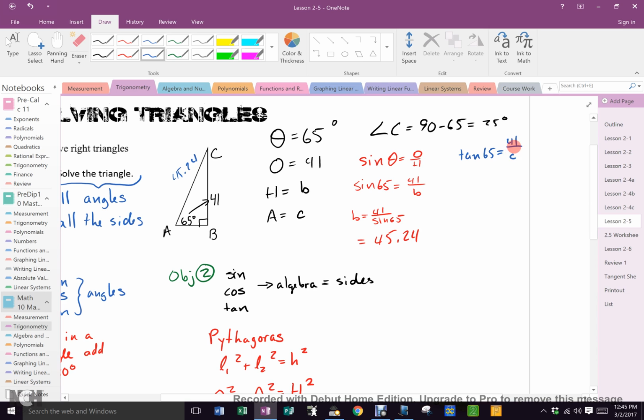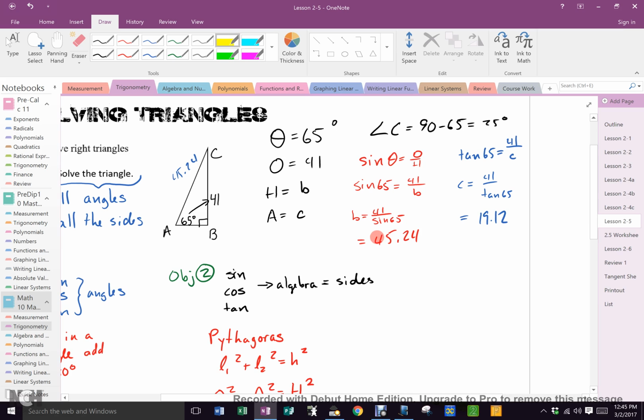Yes, because I chose not to use it. Do you understand? I chose not to use it, so this becomes c equals 41 divided by tan 65. And I get 19.12.